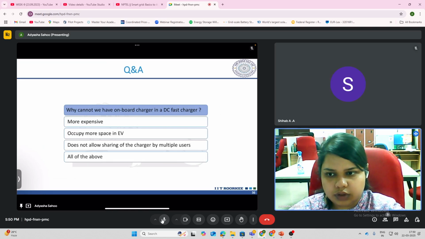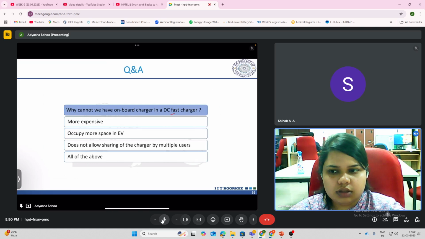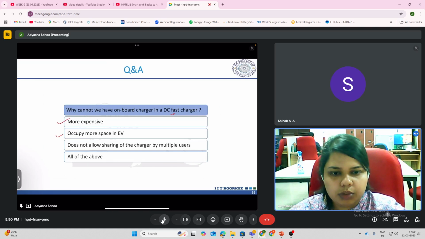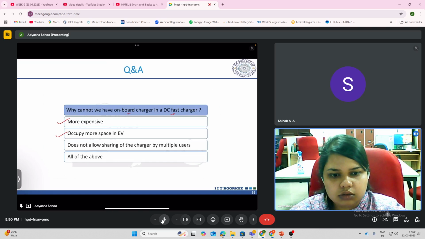So obviously, first thing is we saw that this fast charger was requiring thicker cables, so it will be more expensive, and due to that, it will also occupy more space because you're adding another component to the EV. So it will again add to the space, and it will also not allow charging between multiple users. So it is actually all of the above.